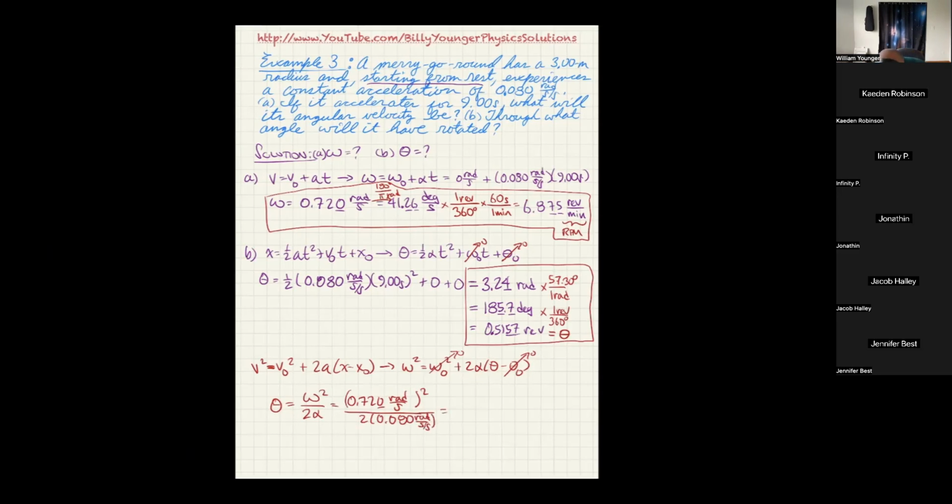And in this case, I'll say 0.72 squared divided by 2 times 0.080, and that gives me 3.24 radians, which is exactly the answer we got before. So that gives us a little confidence that we did it correctly. So yes, all those equations that we used in chapters 2 and 3, we can use again now. And all we have to do is just make the translation between the analogous variables. Anybody have any questions on that?